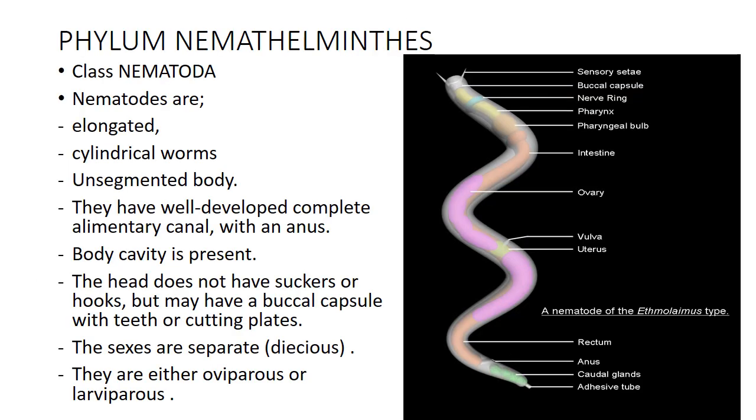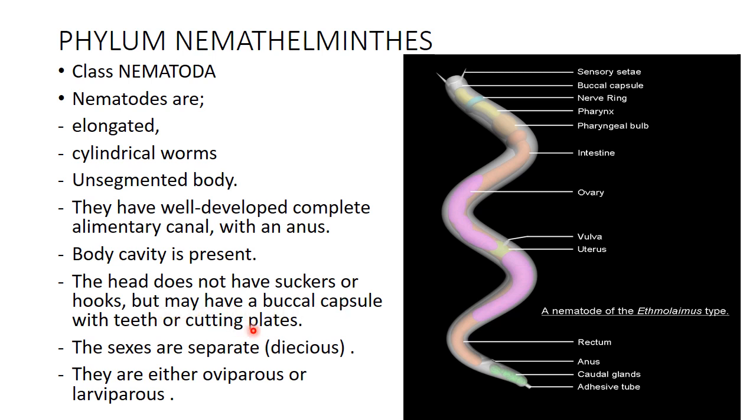Okay, so now let's look at the phylum Nematoda. These guys have an elongated, cylindrical, and segmented body, as you can see on our right side diagram. And their alimentary canal is well developed and complete, having an anus. As you can see here on our diagram, they do have an anus and they have a body cavity as well. Then the head does not have suckers or hooks, unlike the Platyhelminthes.